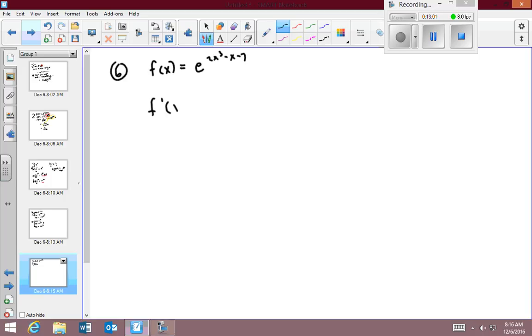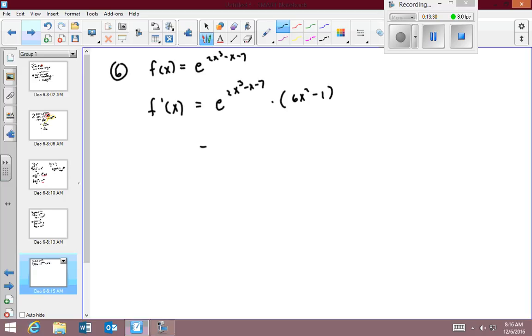So the first derivative is going to be e to the 2x cubed minus x minus 7, and then the derivative of the exponent. This is just a polynomial derivative, so that's 6x squared minus 1.